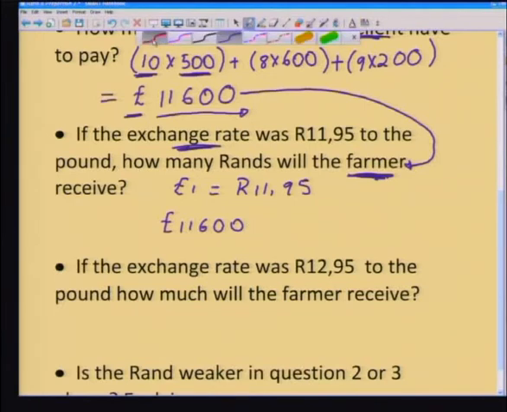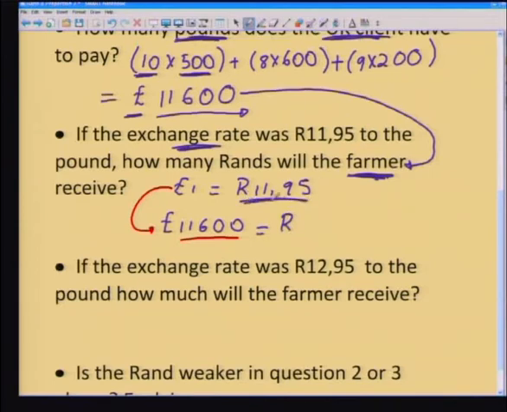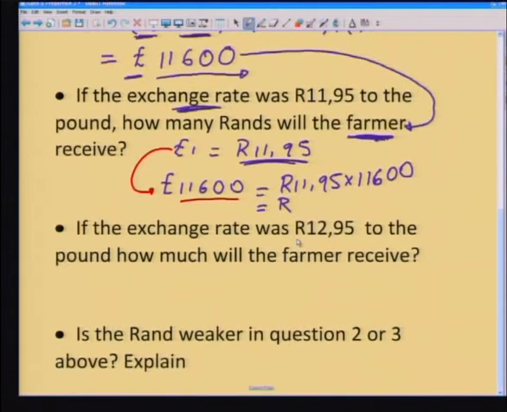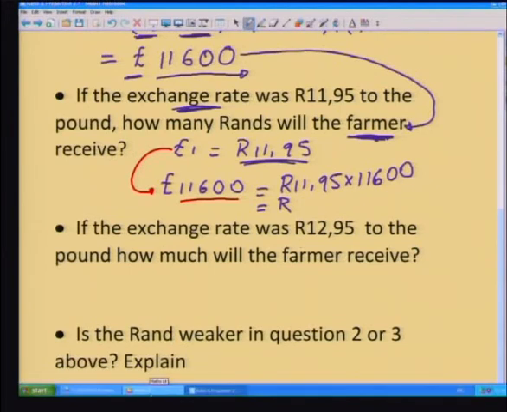To get from 1 pound to 11,600, we have to times by 11,600. Keeping the equation the same, I will have to times the right-hand side by 11,600 as well to work out how many rands he's going to get.